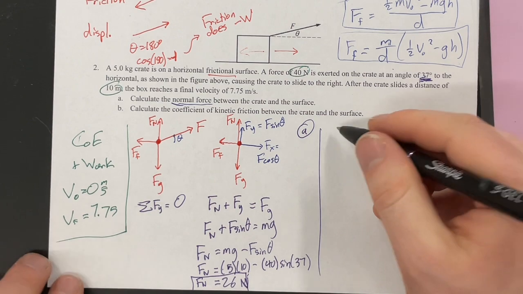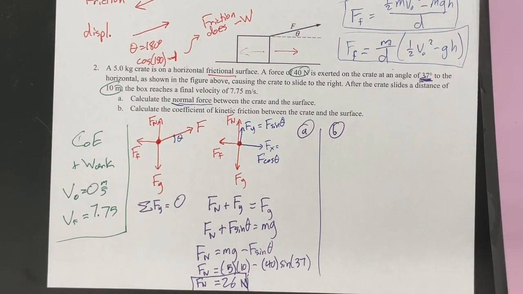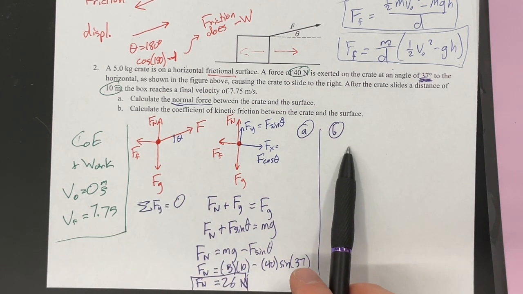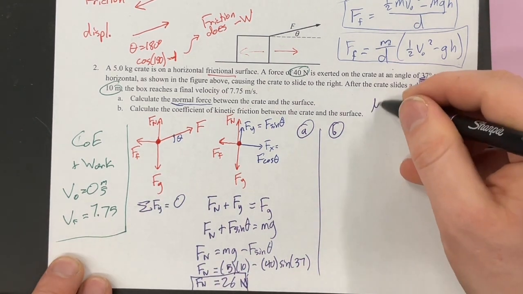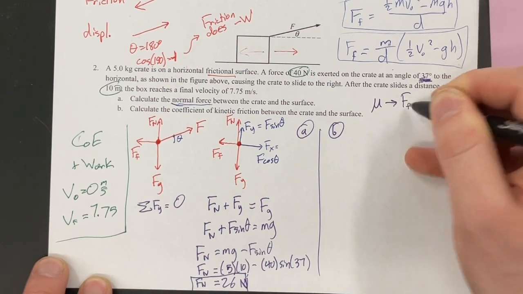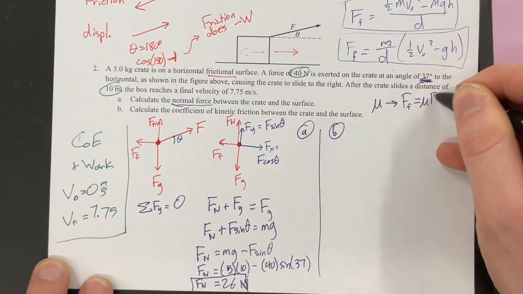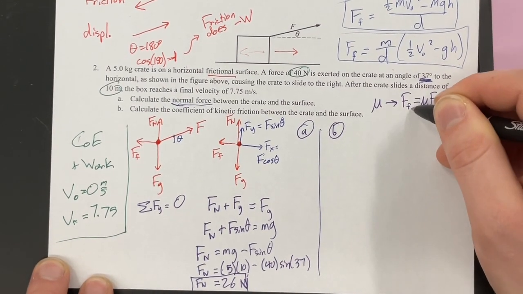All right, then part B, calculate the coefficient of kinetic friction between the crate and the surface. So this is where, all right, coefficient of friction, mu leads us to force of friction being equal to mu times Fn if it's kinetic.